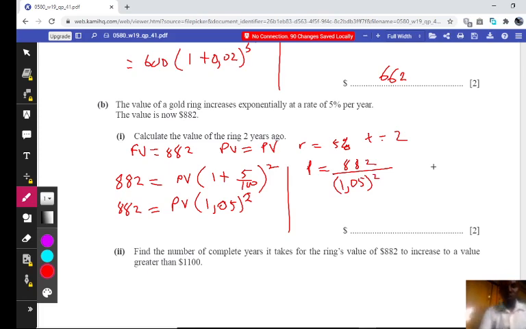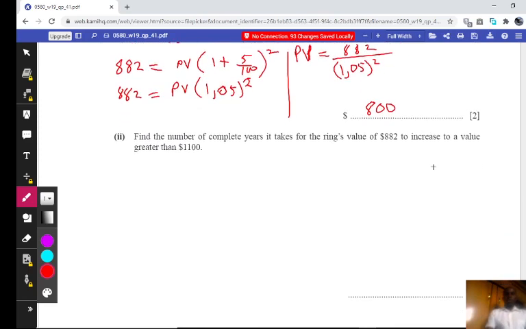So that will be your PV, your principal value, the amount invested. You can find this directly: 882 divided by 1.05 squared. Then you get 800 right away. This one is actually direct.